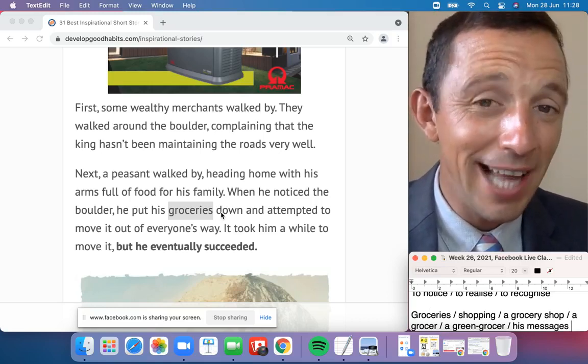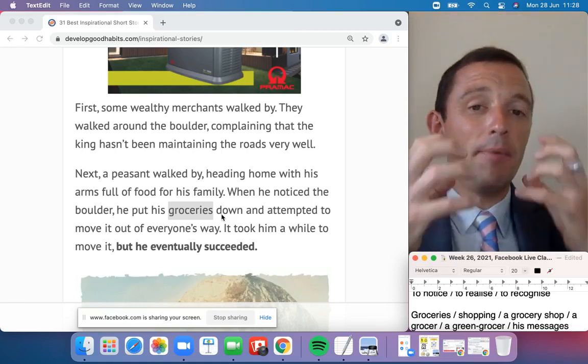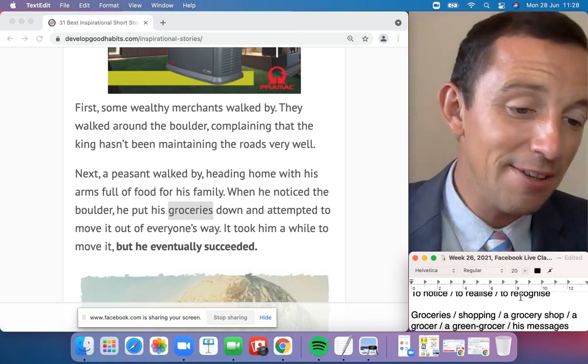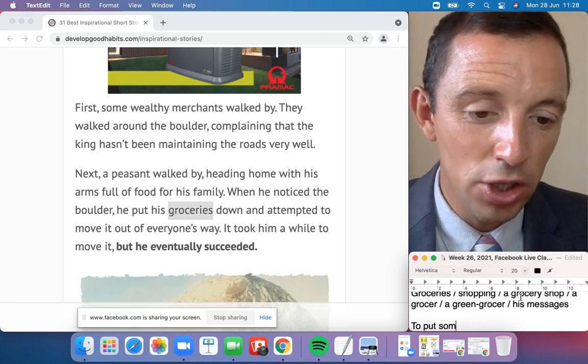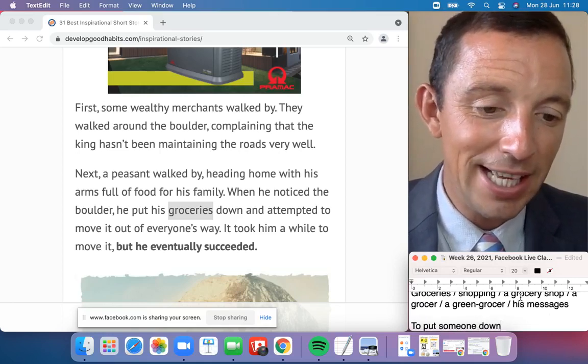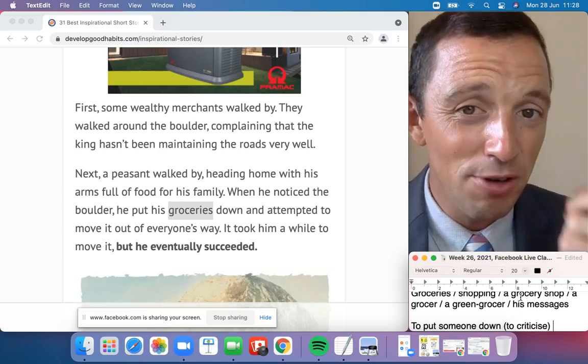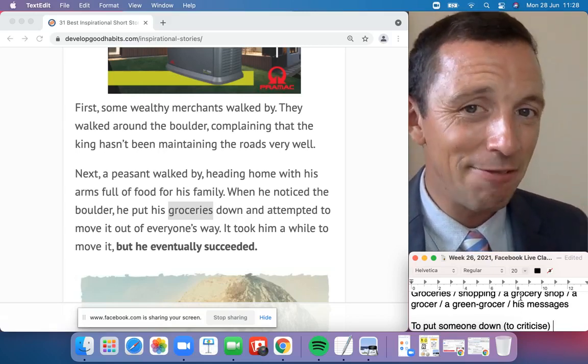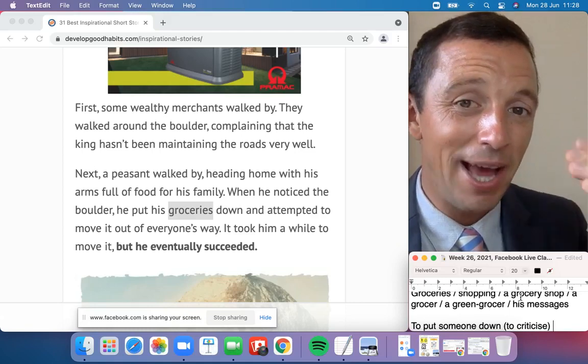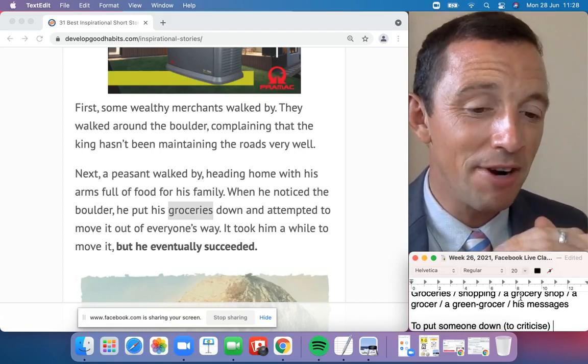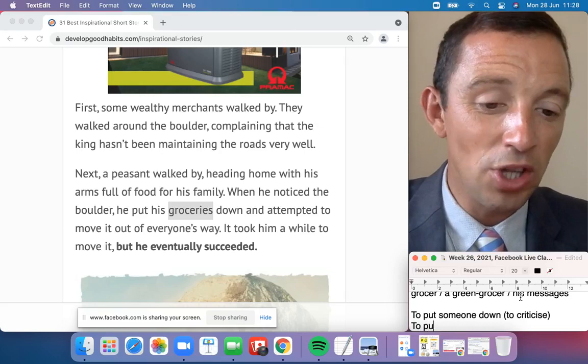He put them down. Okay, so you pick them up and you put them down. That is a phrasal verb as well. To put someone down is like to criticize and make them feel bad. So if you put somebody down, the significance is you say something to make them feel very, very bad, feel very, very low. Also, we use the dog or the animal.